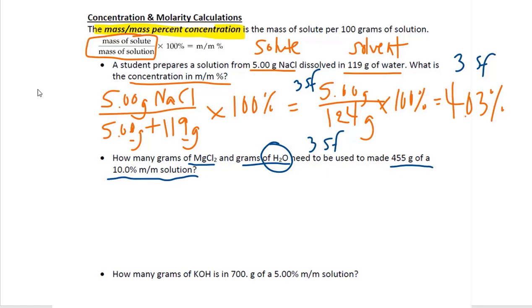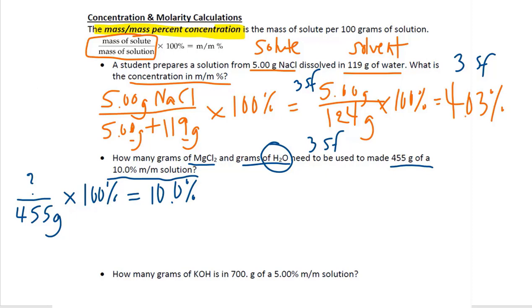Essentially what I'm going to have is, I don't know how much magnesium chloride, but I know that the total combined is 455 grams of total solution. And we know that we have to times that by 100%. And that equals 10.0%. So now we just have to do some working backwards.